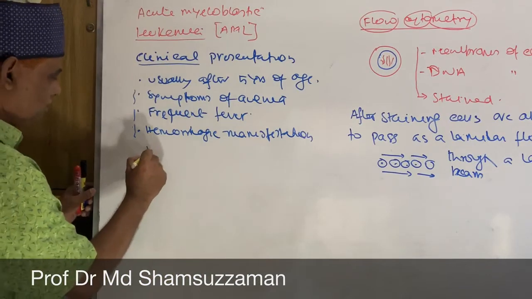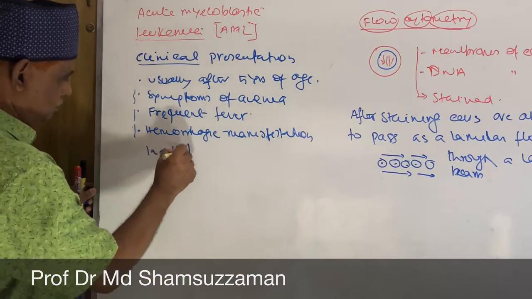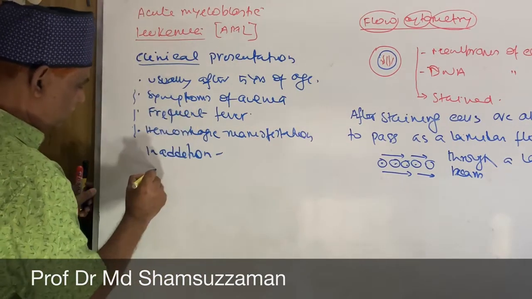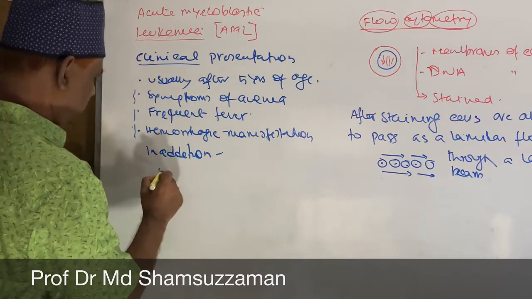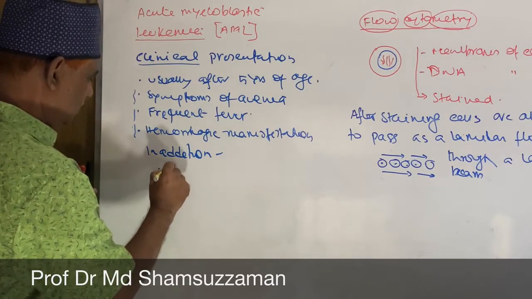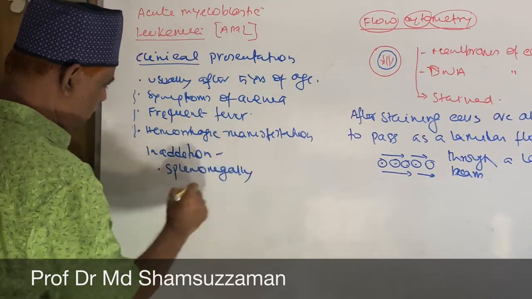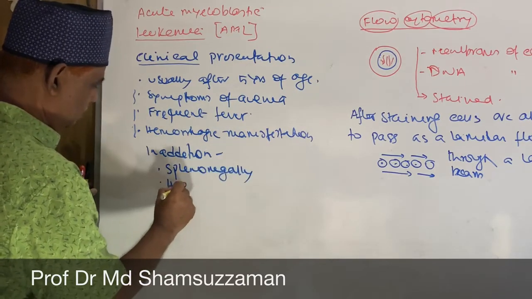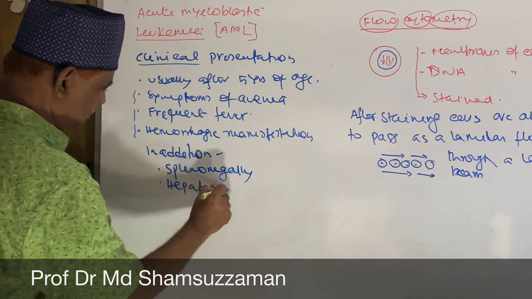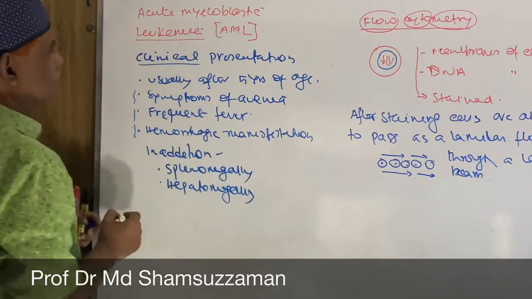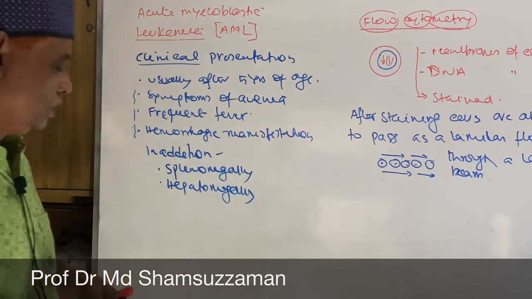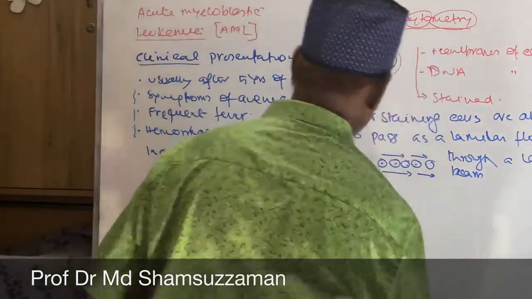In addition, there may be splenomegaly, there may be hepatomegaly. So these are the clinical presentations of acute myeloblastic leukemia.